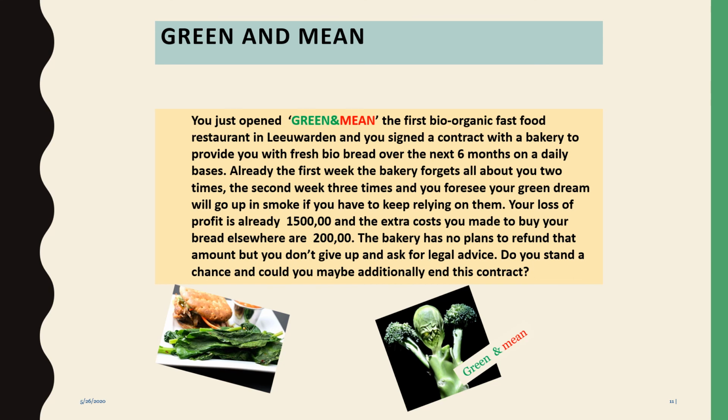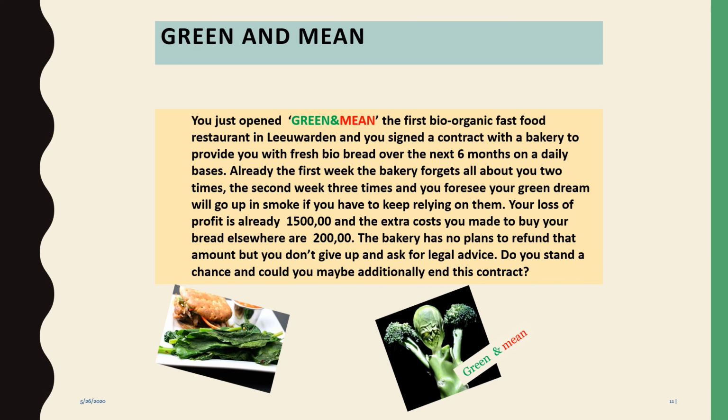Party B, the bakery, wants maybe to apply force majeure, but there was no force majeure in the story, and if it's not in a story, it's not there. There was no force majeure, so we put a big cross through 675. Then the only article we have left is 674, and that will be the winner in this case.